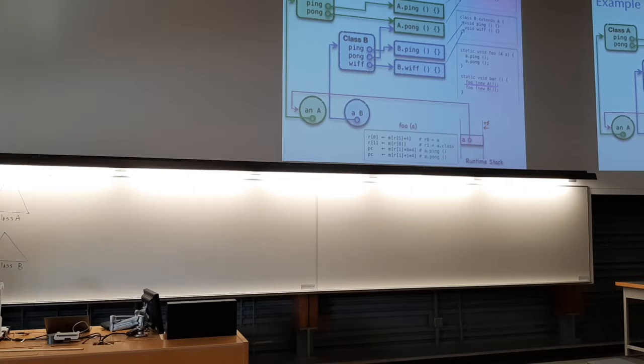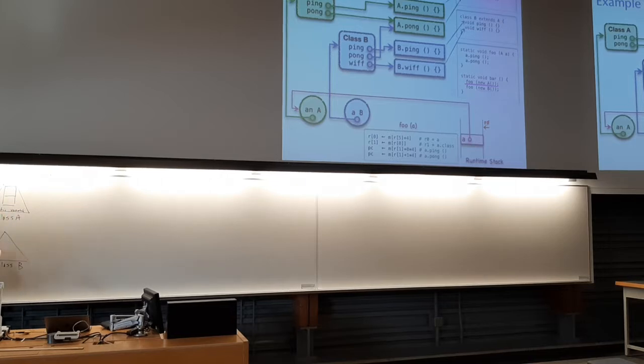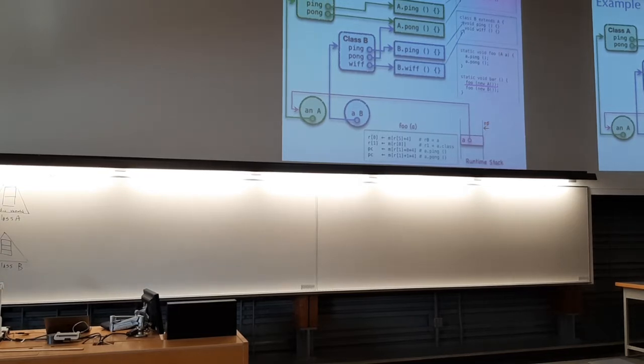And what's stored in here is all the static variables, if there are any. And a jump table. Now, because A implements two methods, there's two entries in the jump table. B implements three methods, so there's three entries.